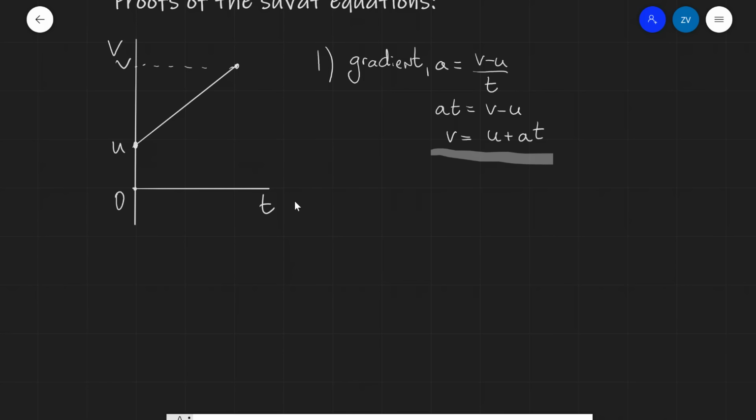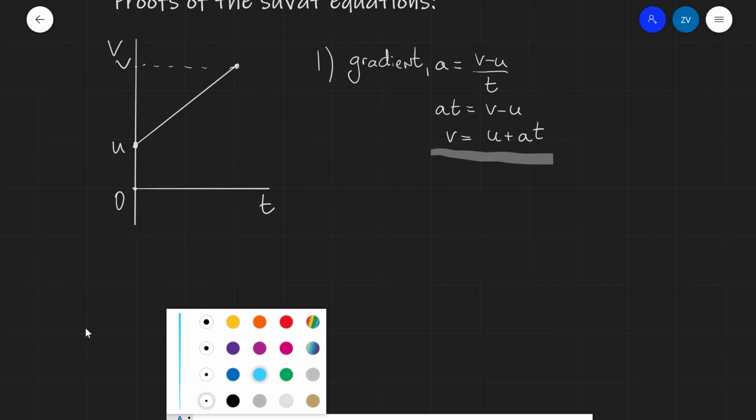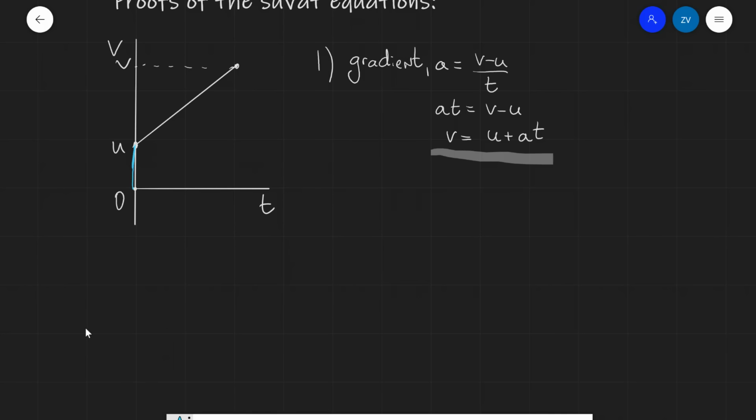Okay, let's have a think about the area underneath this curve. We can think about this area as the area of a trapezium. This will be one side of the trapezium, this here will be another side, and this here will be the height of the trapezium.